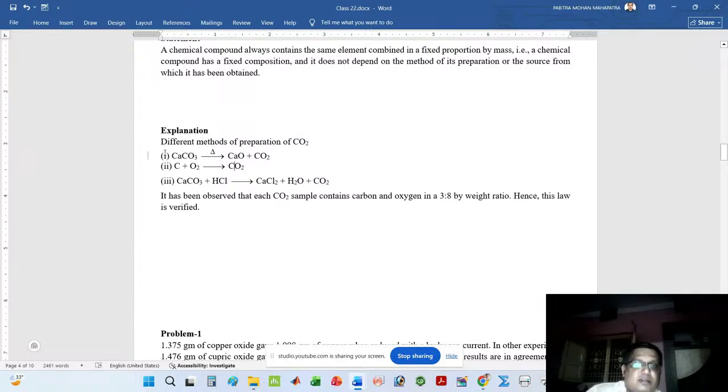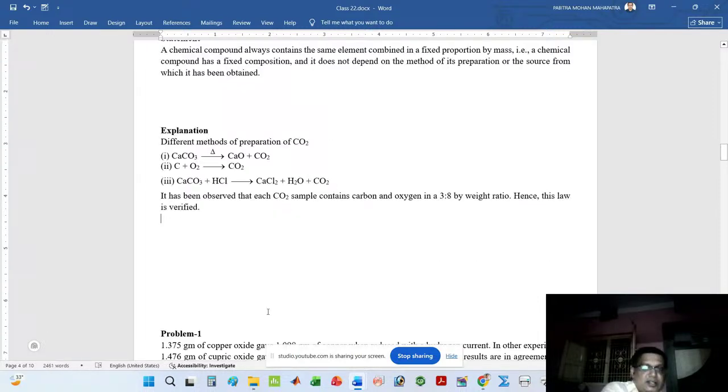First method, calcium carbonate undergoes heating, gives calcium oxide and carbon dioxide. In the second method, carbon dioxide is formed from carbon and oxygen. In the third method, calcium carbonate and HCl react with each other to form carbon dioxide.